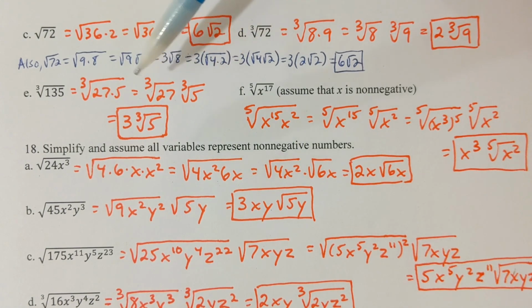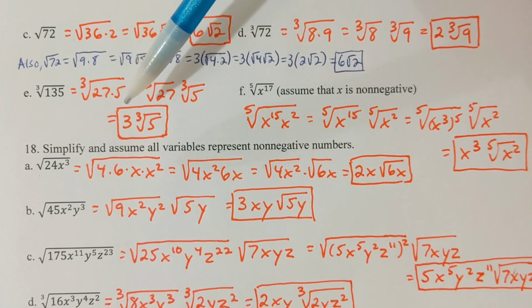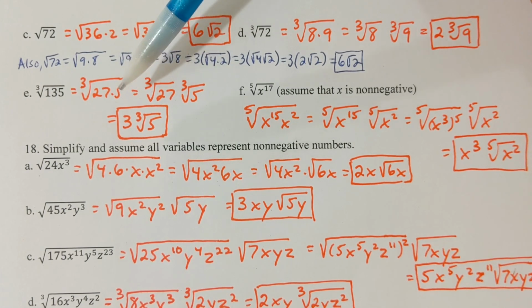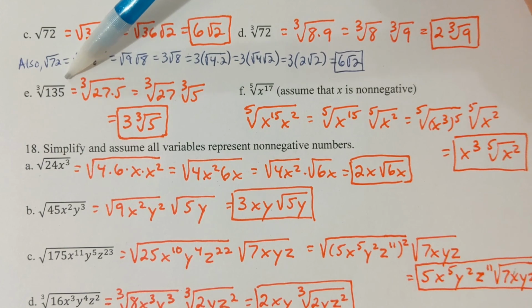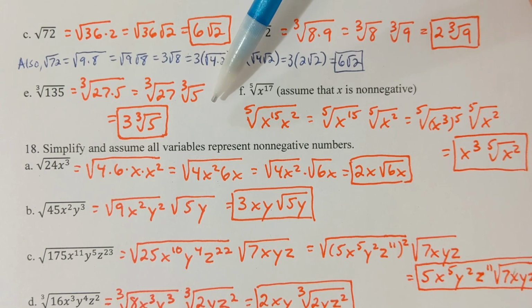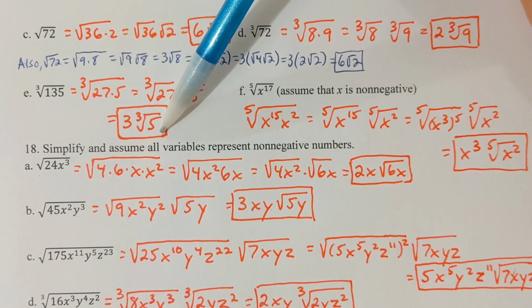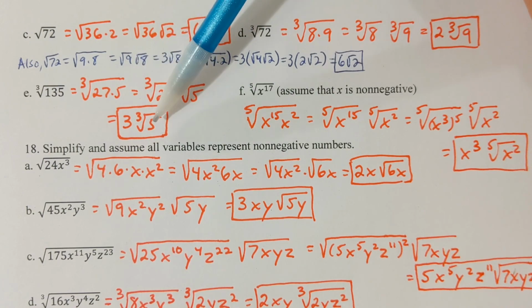So ideally, we should be getting 27 fairly quickly, because 8 doesn't go into 135. You can move on to the next number that you know the cubed root of. 27 times 5 is 135, and we know the cubed root of 27, that's 3. The cubed root of 5 would be my leftover. So 3 times the cubed root of 5 would be my answer there in simplified form.